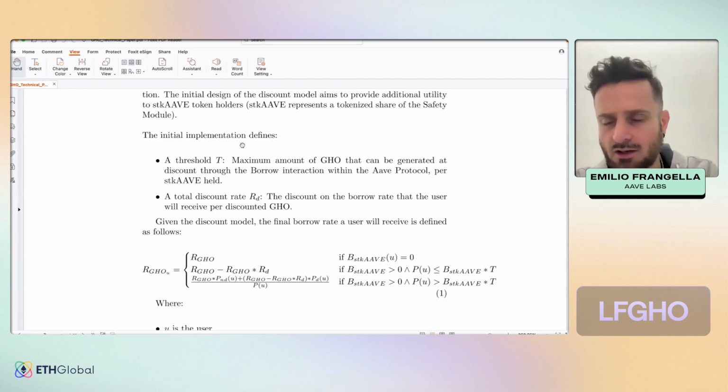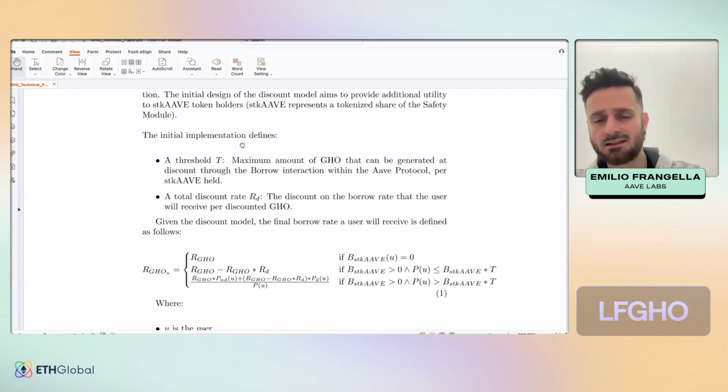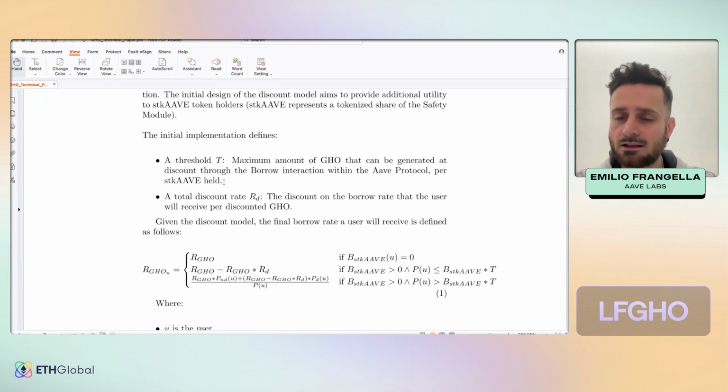I don't remember the current configuration, honestly, I think it's 100 Go per every Aave supplied to the safety module, something like that. So to calculate the discount, there is a threshold that depends on how many Aave were supplied to the safety module, and also a discount rate that provides the amount discounted compared to the nominal rate that normal users, who are not providing to the safety module, are paying.